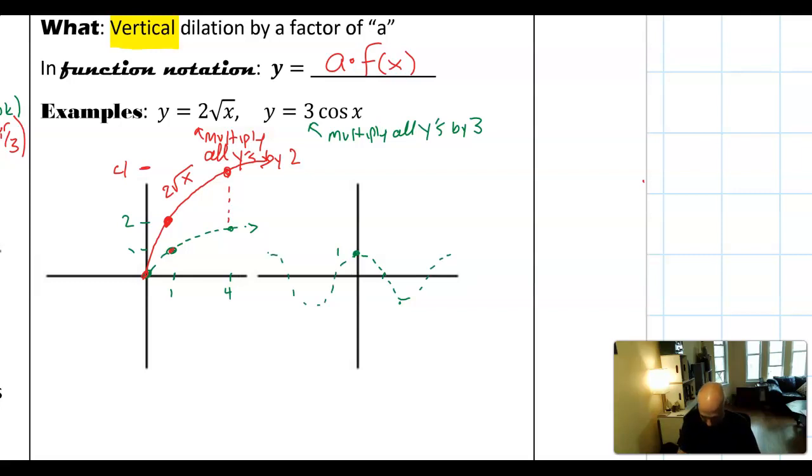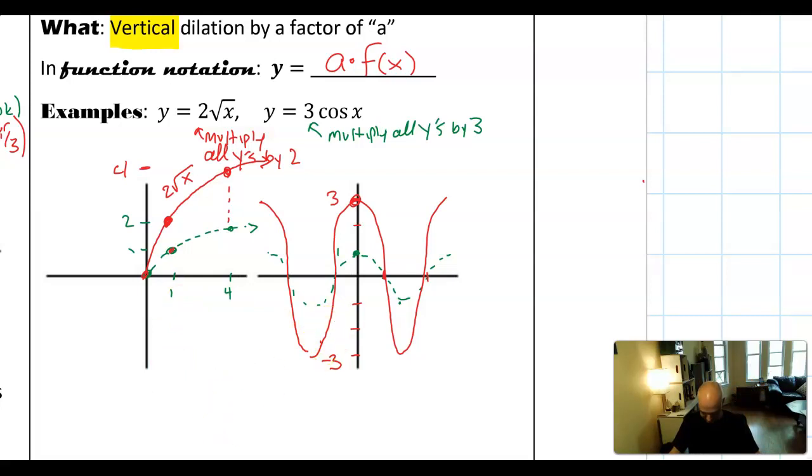If you multiply all your y's by 3, that'll go up to 3 and down to minus 3, keeping the x values all the same. So that's an example of a vertical stretch or a vertical dilation.